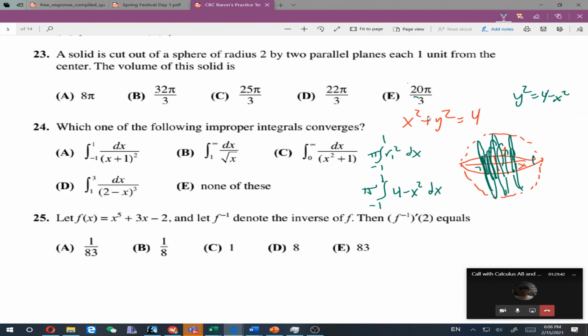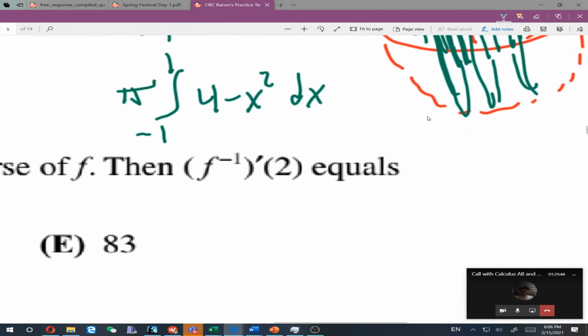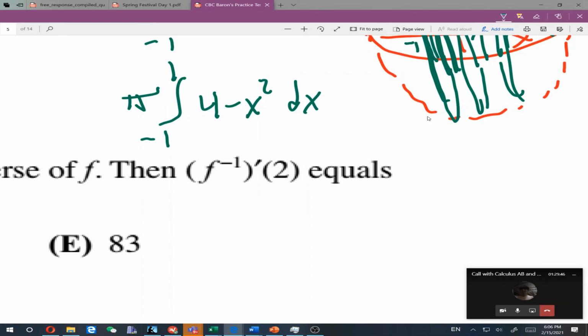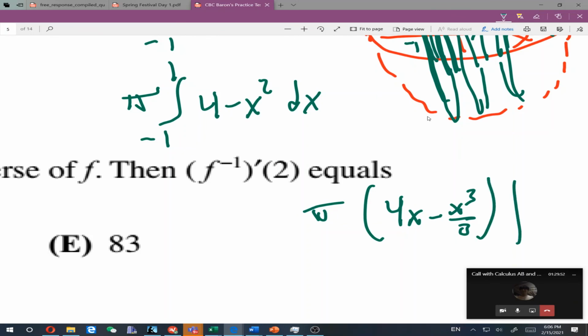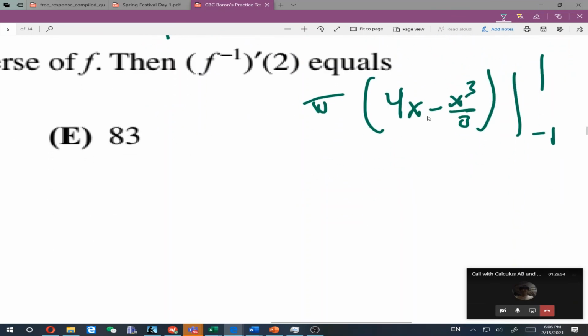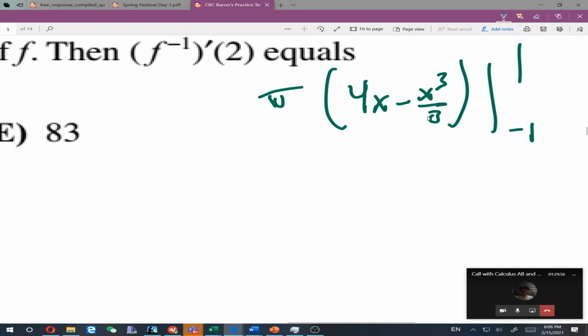Alright, so if I integrate this then, this is going to give me 4x minus x cubed over 3 times pi from -1 to 1. From -1 to 1 is just going to double whatever I get, right? So this is 4 minus 1/3.